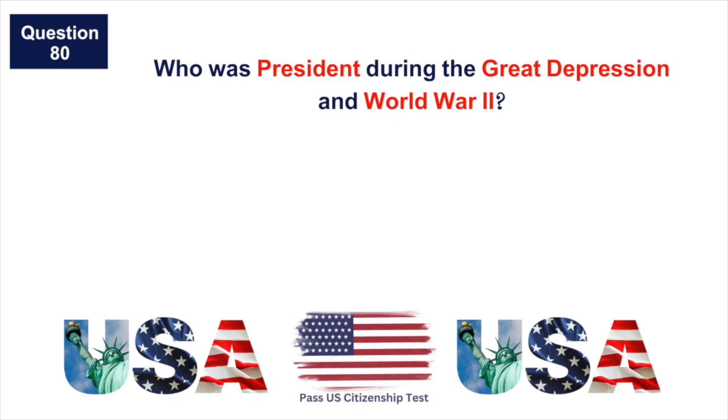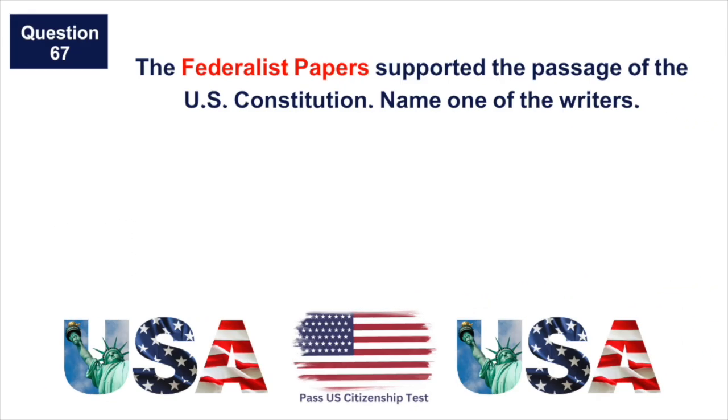Who was president during the Great Depression and World War II? Franklin Roosevelt. The Federalist Papers supported the passage of the U.S. Constitution.